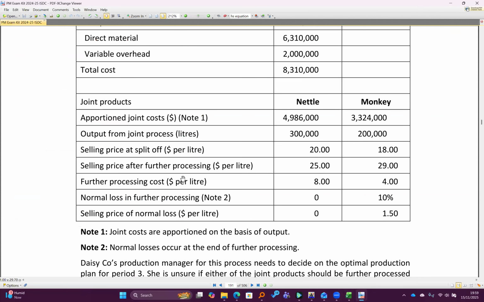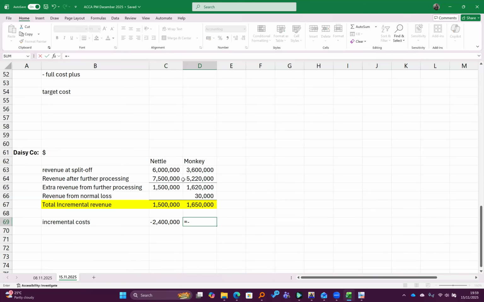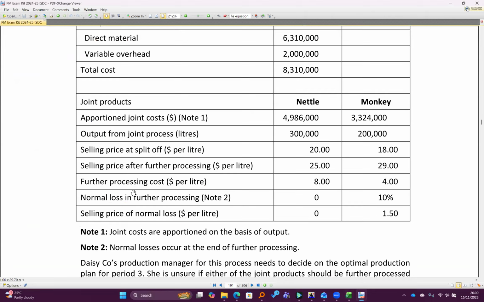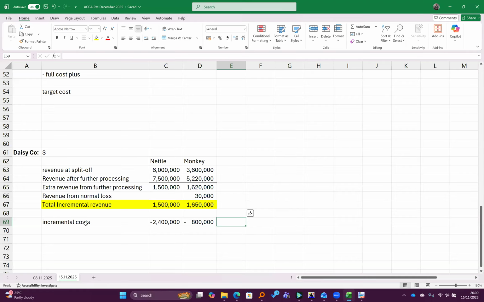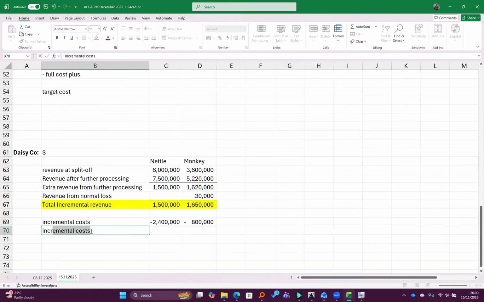And then for this one is 4, $800,000. So that we can now get the incremental profit or loss.